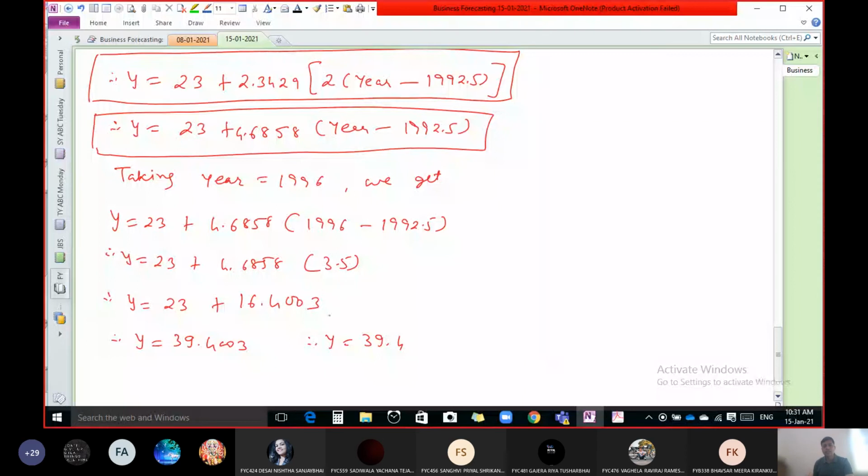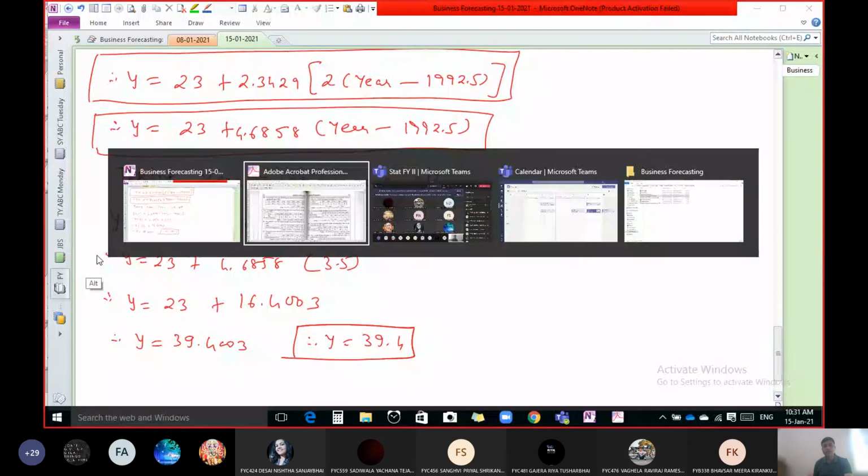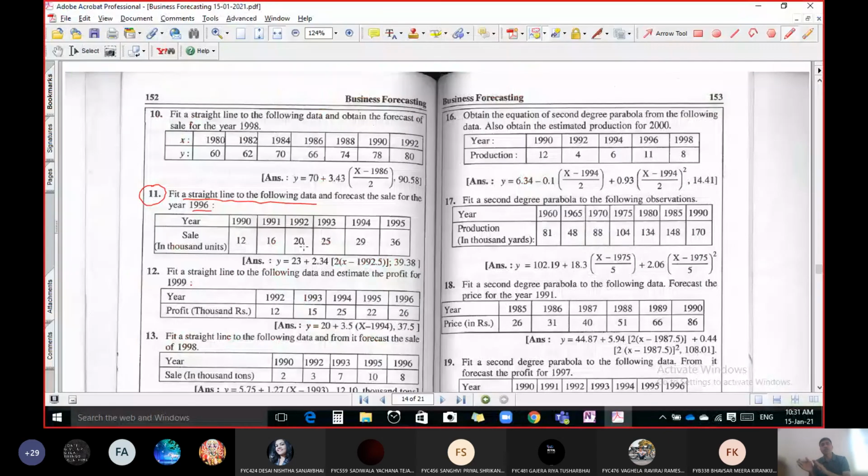So we have an answer. Here the answer is 39.38. A slight variation is there because they have taken 2 digits after the decimal point instead of 4 digits.